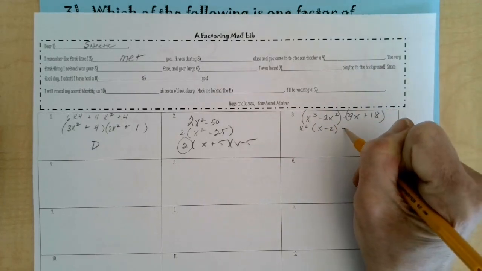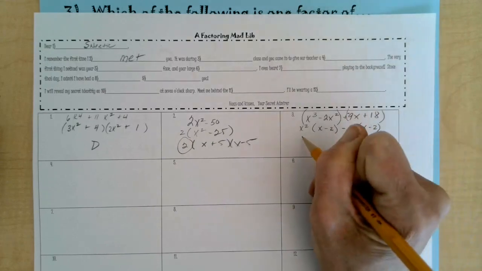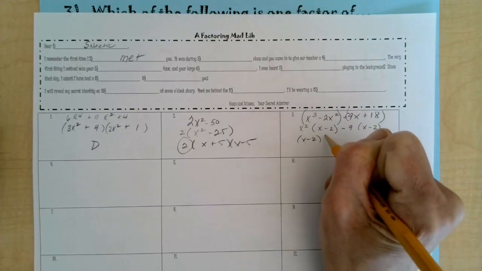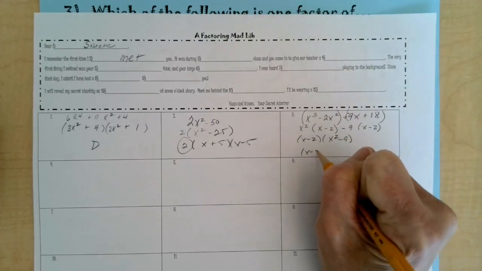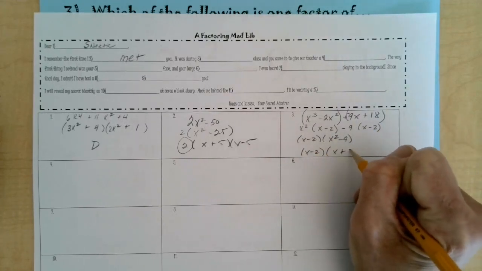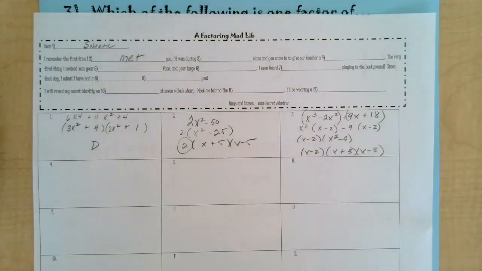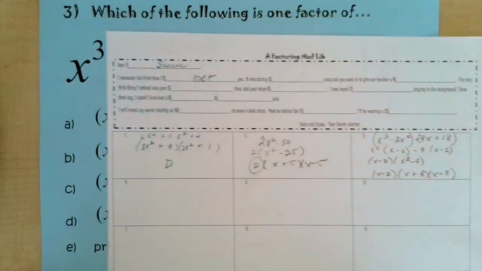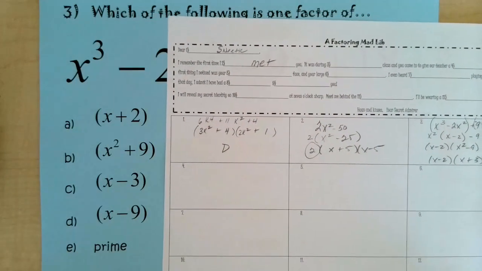And I'll pull out a minus 9 here, and of course that's going to leave x minus 2. So x minus 2 times x squared minus 9. x minus 2 is good, but guess what? I have more work to do. So for number 3, I like choice C.